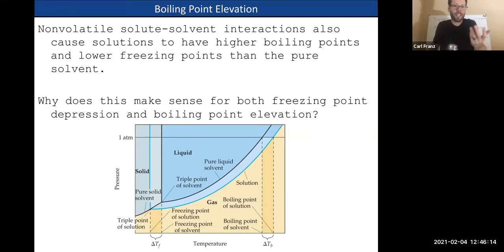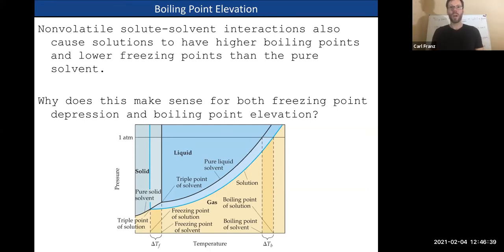And this should make sense, right? For freezing point depression and boiling point elevation, assuming that, again, these are non-volatile components. Because when you add things together, you're changing the intermolecular forces, right?